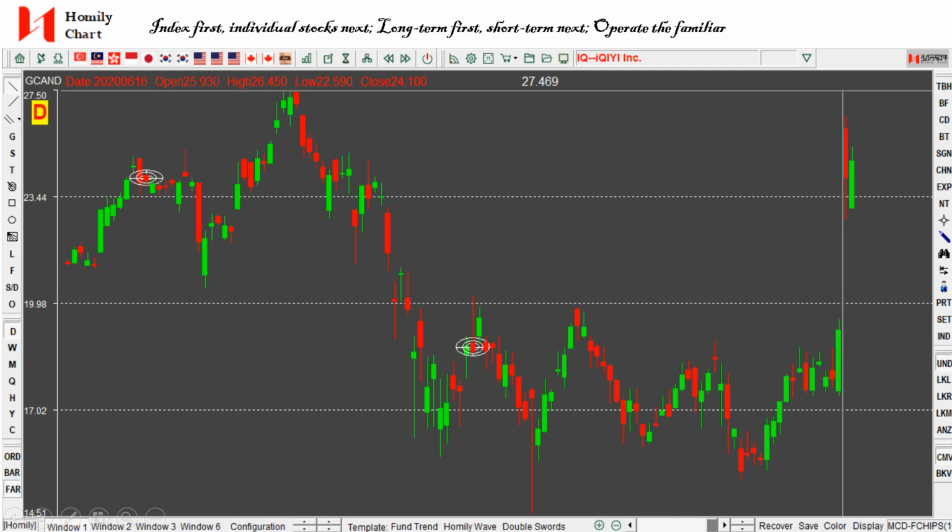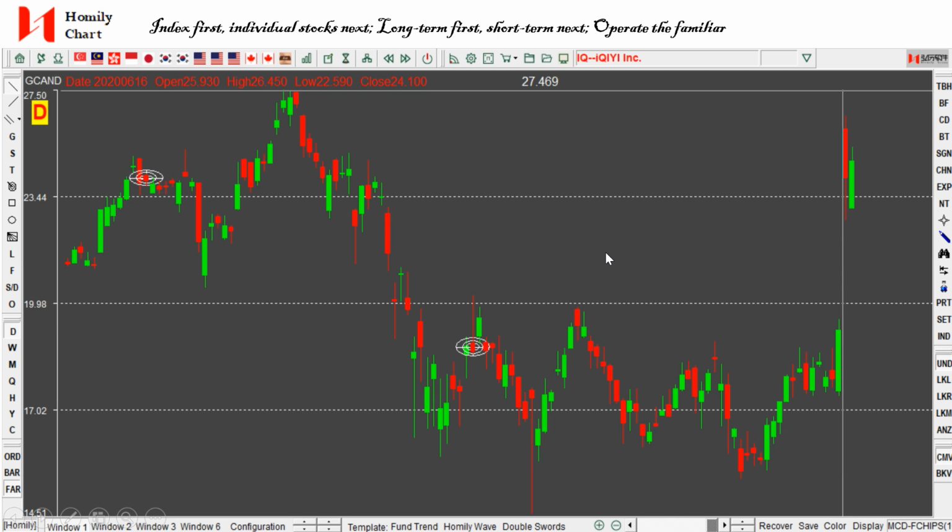Okay, so in a word, we need a gap between the body of the second candle and the body of the first candle. You see, we need a gap between the body of this candle and this candle, right? So this is an upward gap. If it's a downward gap, it's the same thing.